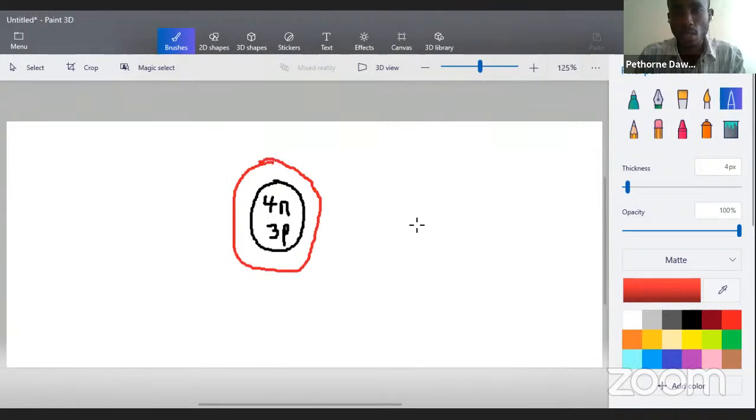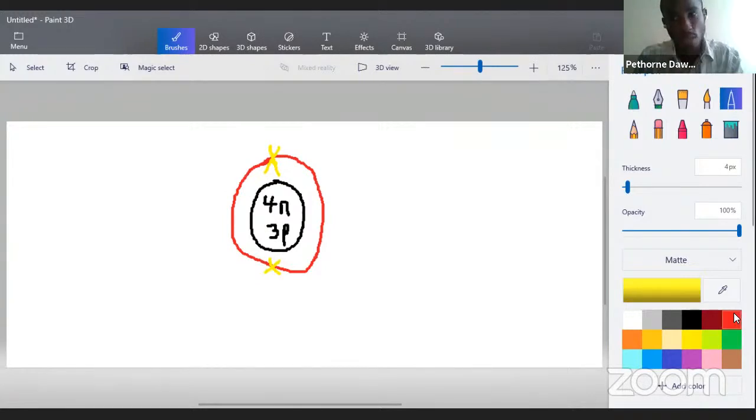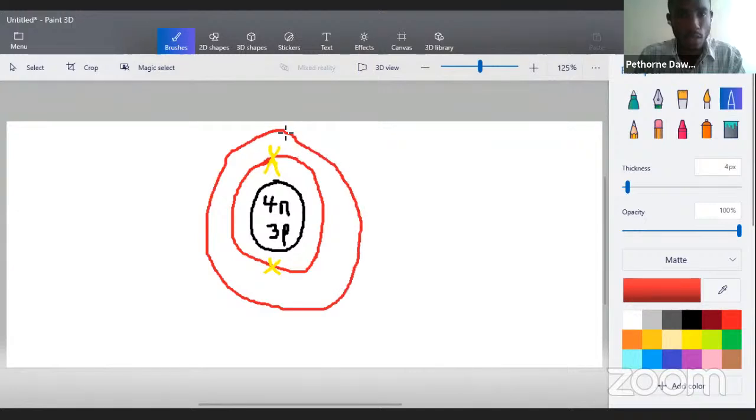All right. And then we start putting on electrons. I use a different color for electrons. That's one electron, I'm using a cross. You can use dots if you want, but for clarity, I'm using the cross.